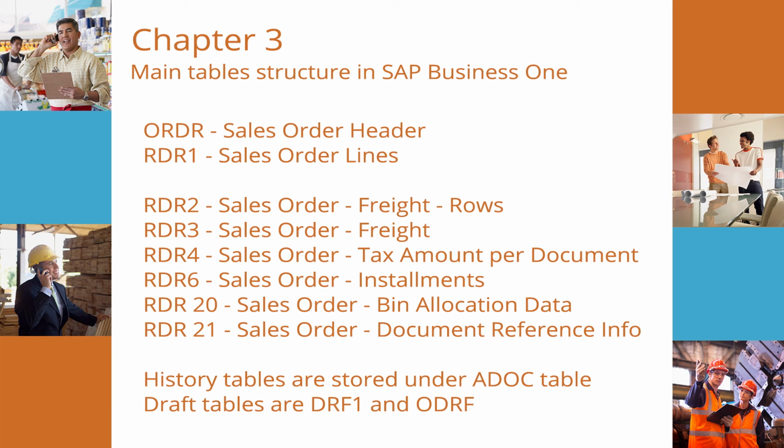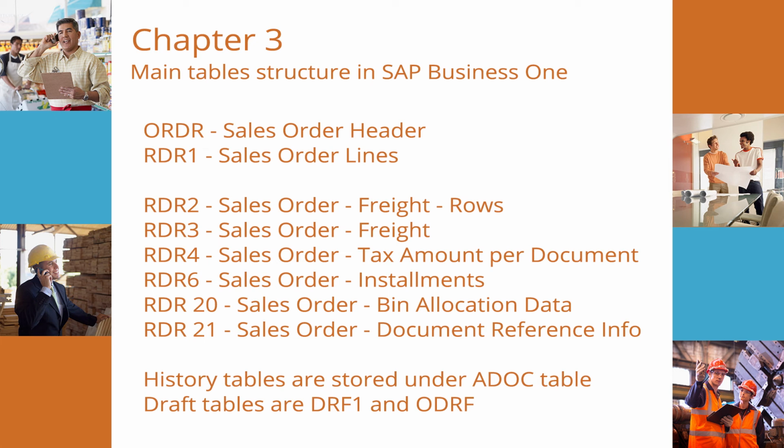So it would be OINV, ORIN, and so forth. Okay, so every time we want to get information from the header, it most likely starts with O. And then there are different numbers to different extensions of the order table.